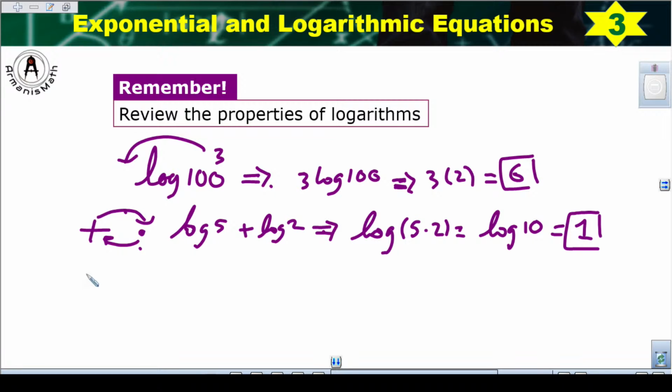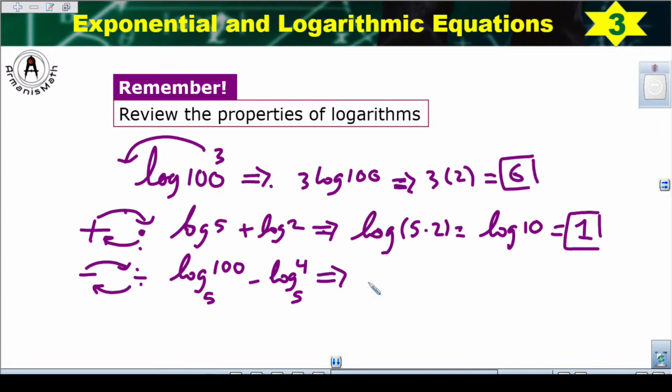Here we go. Subtraction to division. Subtraction is going to take you to division and vice versa, right? So I'm going to say log. An example here would be 100 minus log, and I'm going to introduce a base of 5 here. Let's say log of 4.